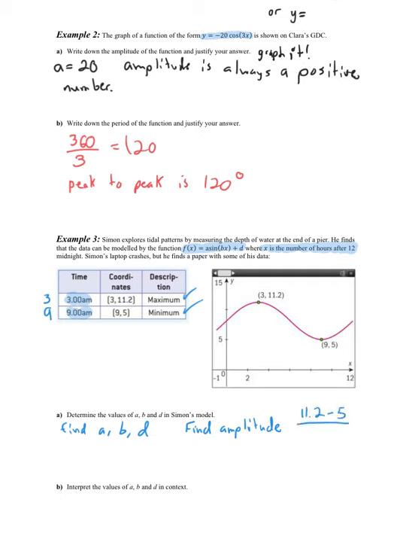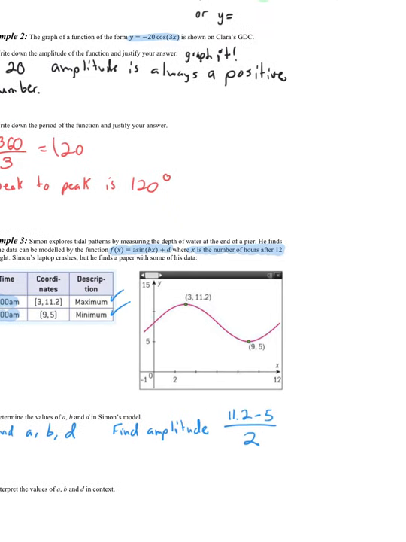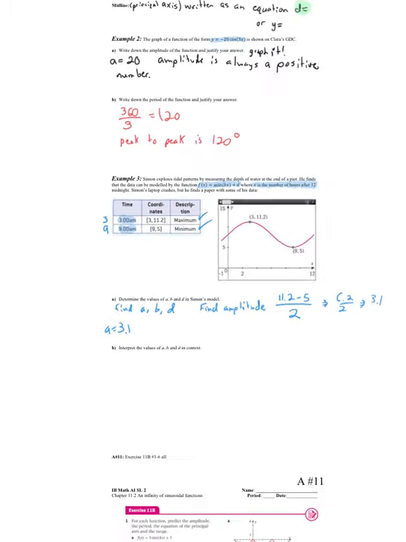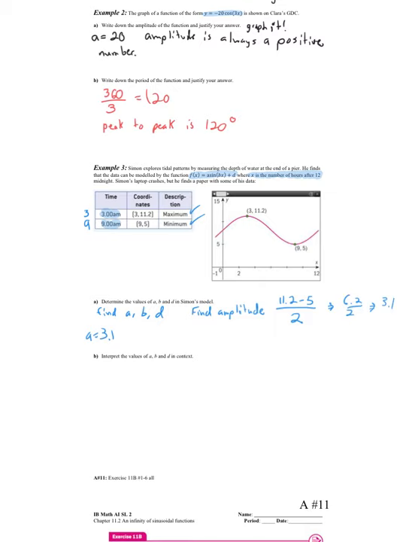Yeah, max minus min divided by 2. 11.2 minus 5 divided by 2. Okay, that's how you find the amplitude. So that's going to be 6.2 divided by 2, 3.1. So my amplitude, my A value, is 3.1. Sorry, I moved away from that. I'm going to zoom out a little bit.